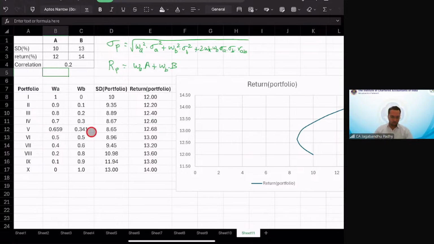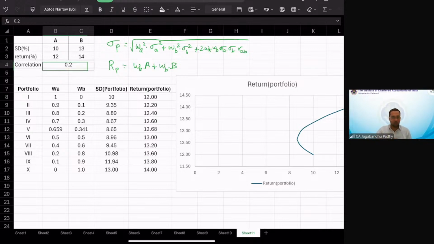Right. So this aspect of correlation influencing the shape of the portfolio return and risk curve is what we are trying to cover here. And the whole idea is that you can reduce the risk of your portfolio if the correlation is lesser than 1. Can we reduce the risk of our portfolio if the correlation between two securities is 1?